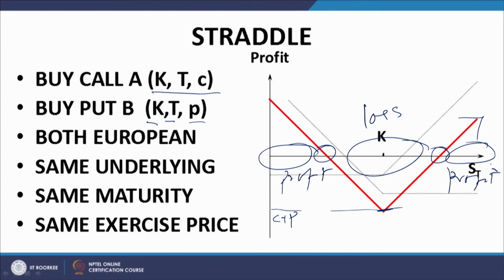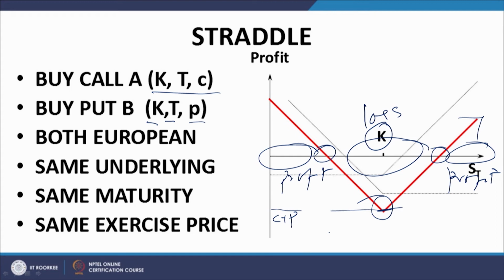So, what is the rationale? The rationale is that if the price of the underlying asset finishes in close proximity of the exercise price, please note, the maximum loss occurs at the exercise price. If the price of the underlying asset at maturity of the options is close to the exercise price, you are likely to make a large amount of loss.